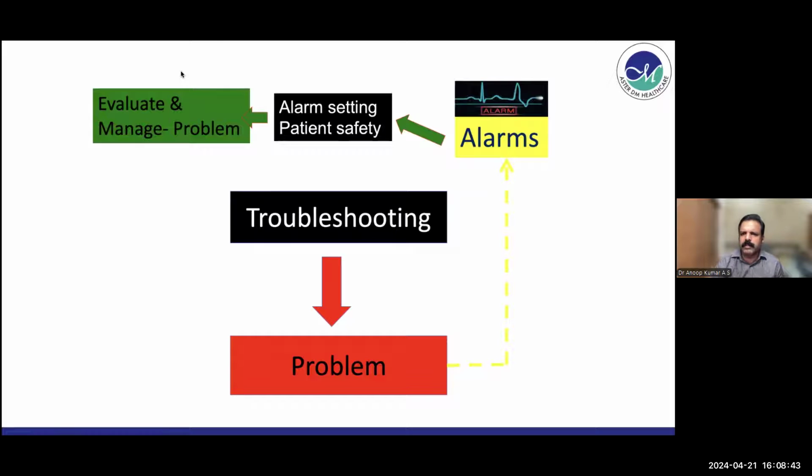The same goes for the monitor. If the monitor is showing low SpO2, a high respiratory rate, variation in BP or some arrhythmias, you should be able to detect all those things. Then see what the issue is, and please don't use that 2 minute silence button. Before using that, find out what the issue is with your patient or with the machine. We will be dealing with that concept extensively today.